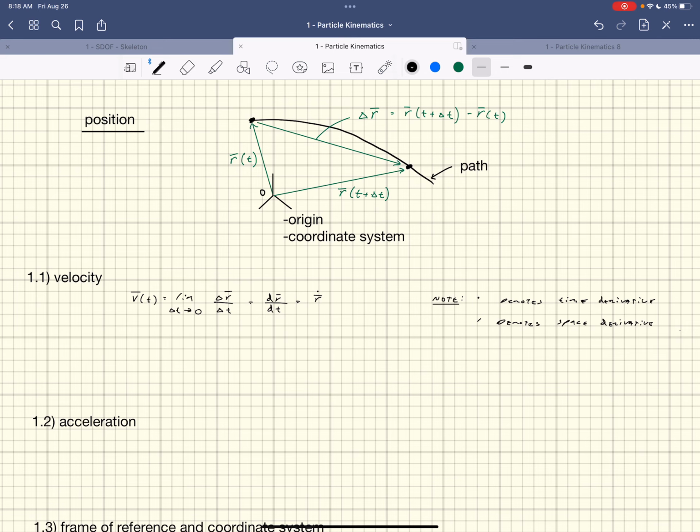Okay, acceleration. Those are velocities and positions; velocities and accelerations are key to this class. It's all about that, okay? Acceleration is a function of time. It's just going to be the derivative of velocity. How is the velocity changing with respect to time? dv/dt, which can also be denoted as v dot. Oh, that's a vector, yep.